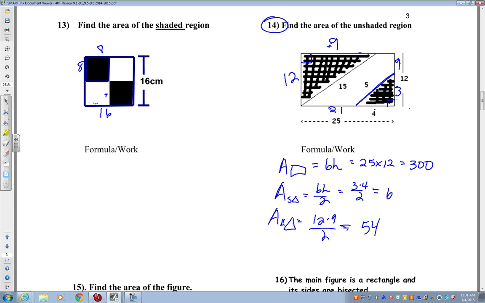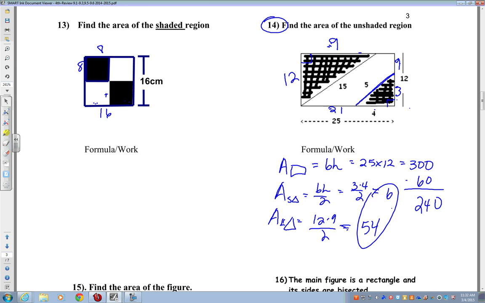Yeah, unshaded would be 240. Yeah, you'll have a shaded and unshaded. That's why it never looks like the same problem. Okay, so basically you had to add these together. That would give me 60, and then I subtract it. So that gave me 240. That was the unshaded.